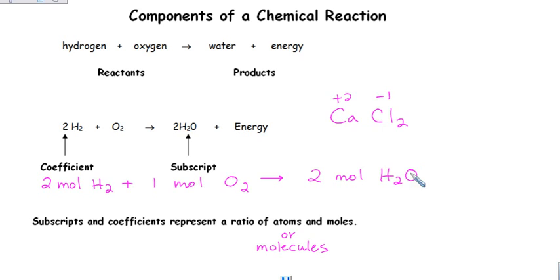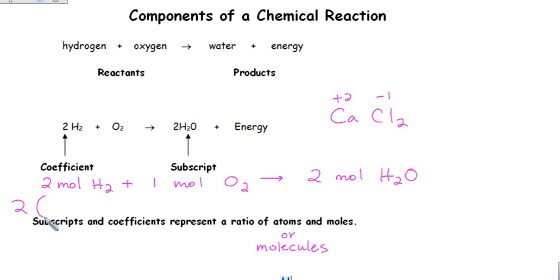Now here's the other thing that's great. In the lab, again, we can't really count atoms or molecules, as in 6.02 times 10 to the 23rd oxygen molecules. I can't count that, but I can use molar masses. So I could say 2 moles of hydrogen.